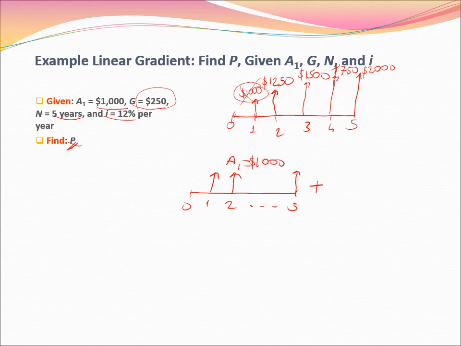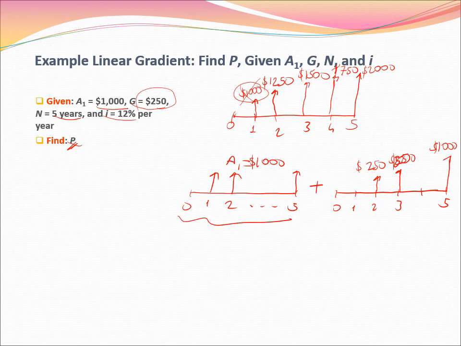And on top of this, we will have a cash flow for this gradient series, which will start from period 2 with an amount of $250, and it will increase by $250 at each period until the fifth one, where it will be $1,000.